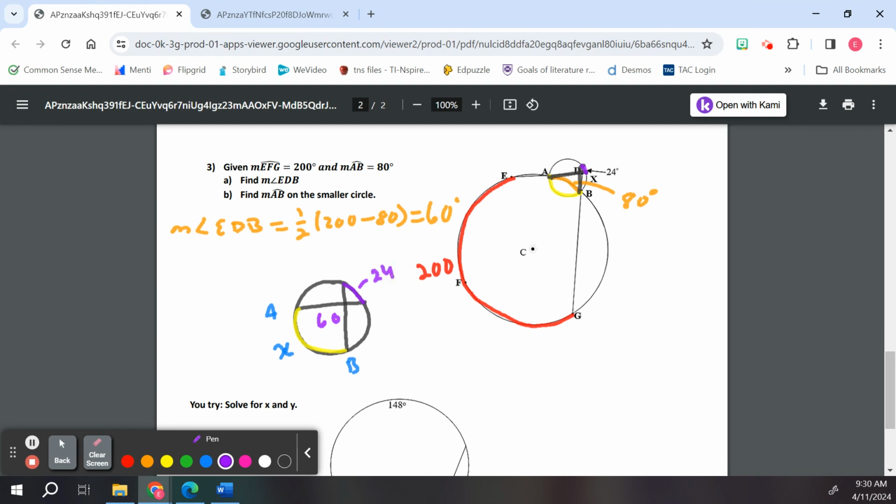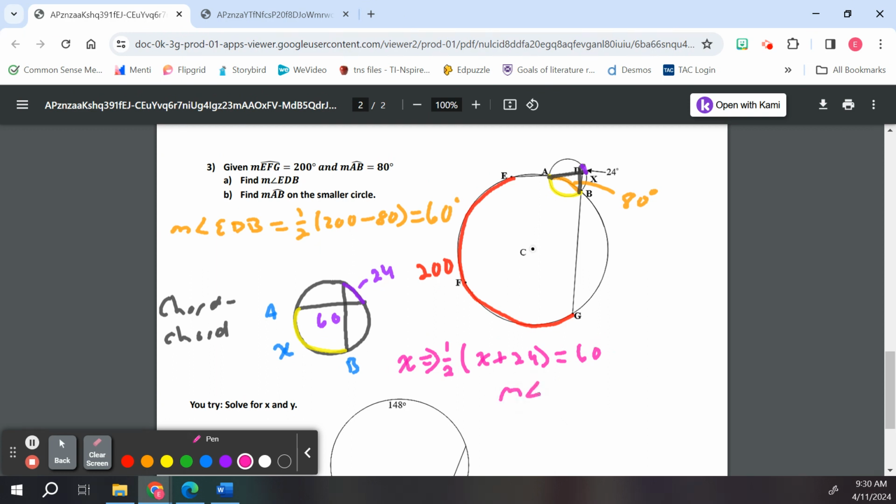Now what we have here is a chord situation. So I'm going to use my tools from yesterday in order to find that. We're going to state that 1/2 times X plus 24 equals 60 degrees.